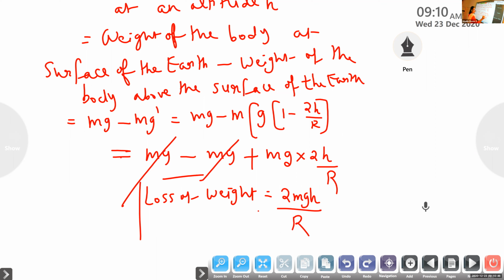So if you want to find out the loss, suppose you are in space. If you want to find out how much weight you lost, you just multiply 2 into your mass.